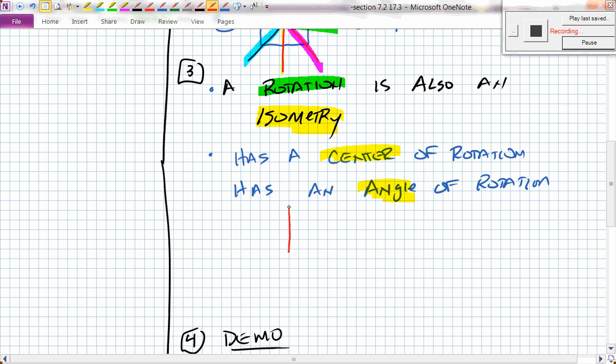Draw yourself a little flag here. Then I'm going to put the center of rotation below the bottom of the flag. I'm going to draw a dashed line, and then a horizontal dashed line.